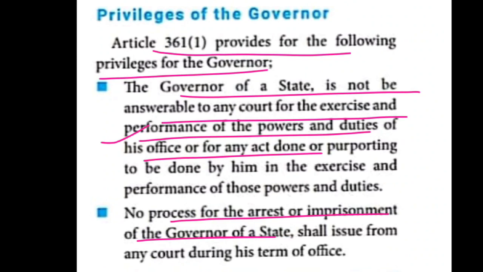That is the answer for the 2 mark question, the Roman letter 5-2 answer, the qualification for the appointment of the governor. On page number 260, you have to learn the qualification para alone.